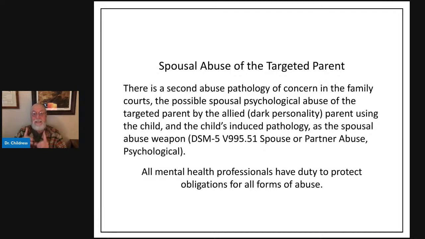And so there's a second abuse pathology of concern in the family courts, and that's the possible spousal psychological abuse of the targeted parent by the allied parent, who has a dark triad, vulnerable dark triad, or dark tetrad personality, using the child and the child's induced pathology as a spousal abuse weapon. That's a DSM-5 diagnosis, V995.82. It's wrong up there. 995.82, spouse or partner abuse, psychological.